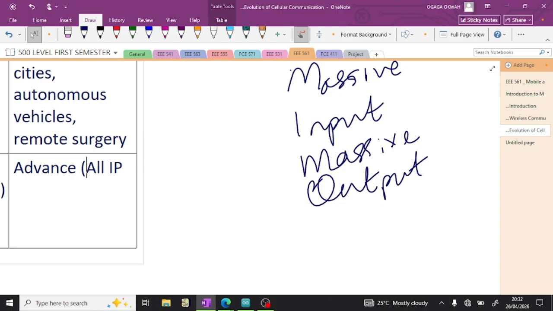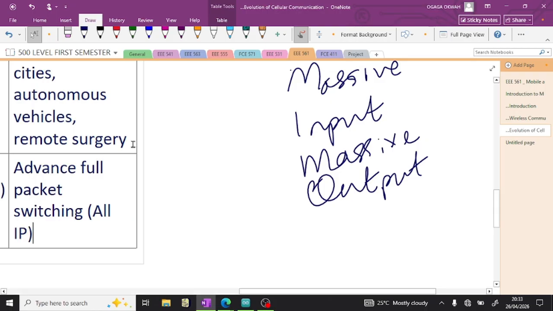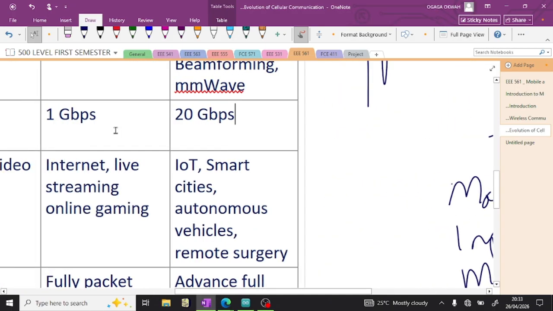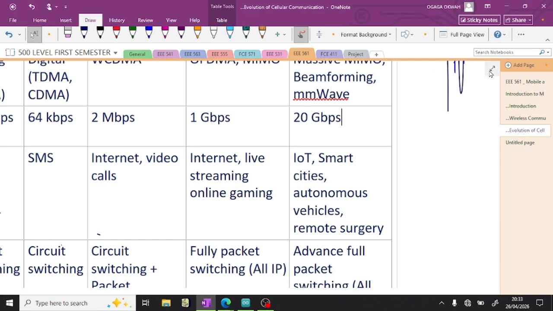The all IP we talked about is packet switching, which is now all IP, but advanced in this case. And then the last thing we'll talk about is the data rate: 20 gigabits per second. In 1 second, this number of bits, come on, that's high. So this is it.